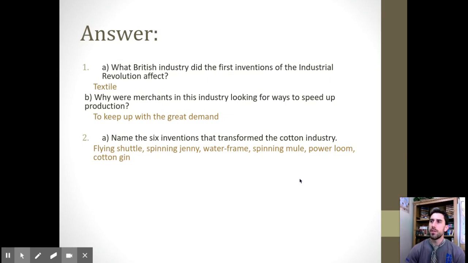So these are your 6 inventions that transformed the cotton industry or the textile industry, because we could be weaving through the same technologies, like I said, flax fibers as well as wool. But cotton actually really becomes, because of its superiority, the product of choice. Now, if you could do this quickly and make a really good product that outdoes the product made by the domestic system, in factories, then you have accomplished it well.